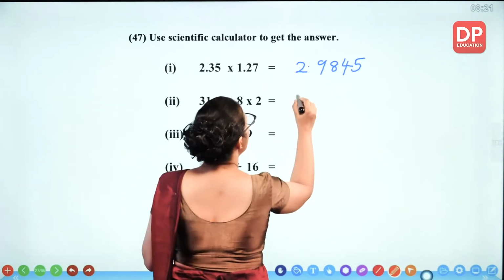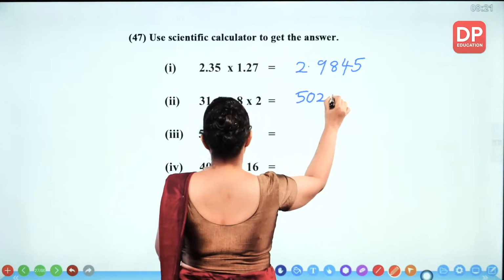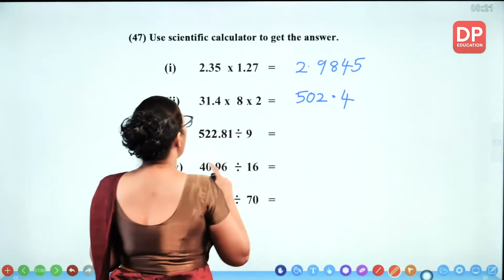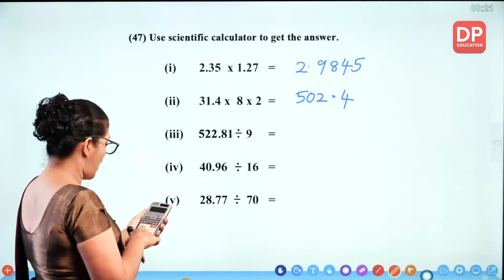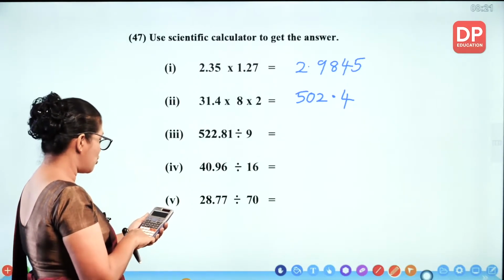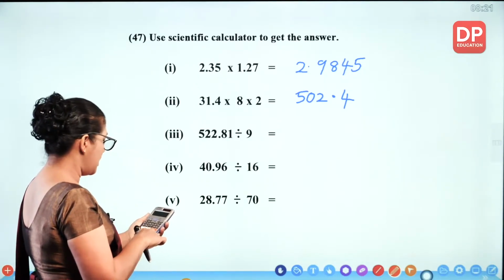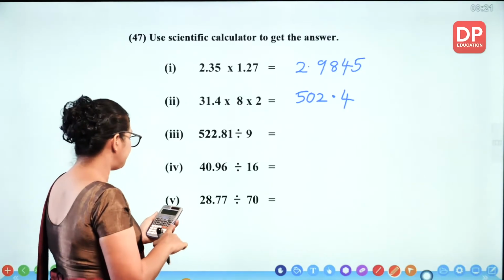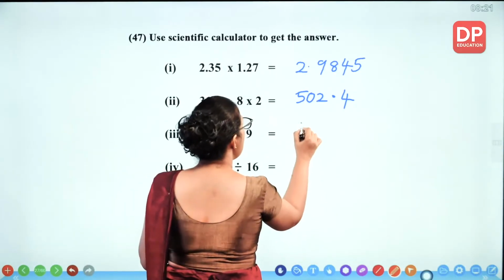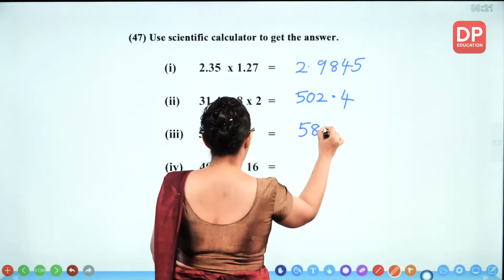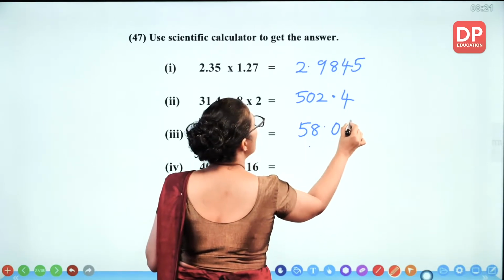Answer is 502.4. 522.81 divide by 9. 58.09.